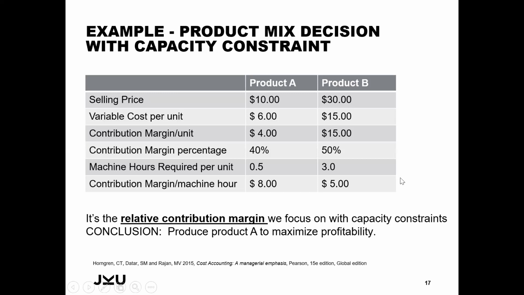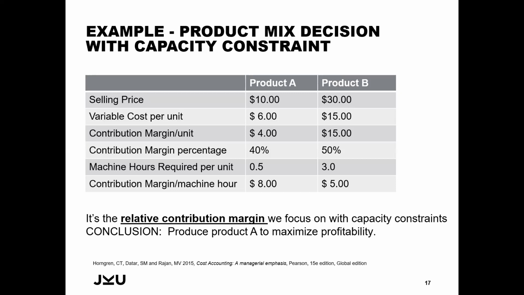And when we calculate that, then we have for product A $4 contribution margin divided by 0.5 hours gives us $8 contribution margin per hour.